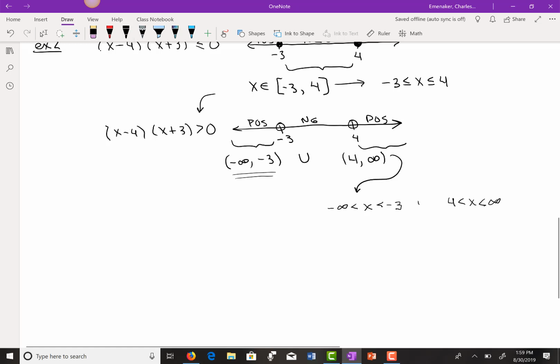In place of the union, if you wanted to, you could put or. Does that make sense? Either notation is fine. Either way to report things is fine. Are you okay with that? Okay.